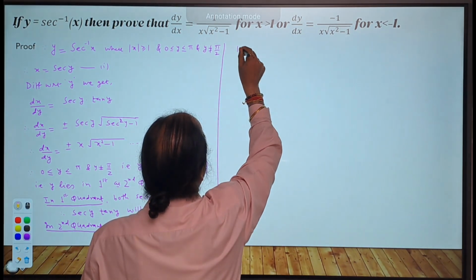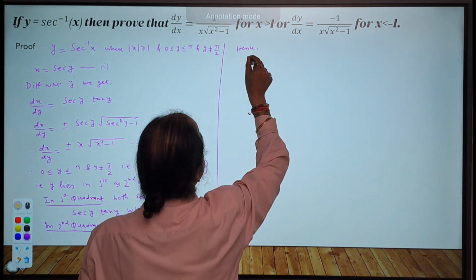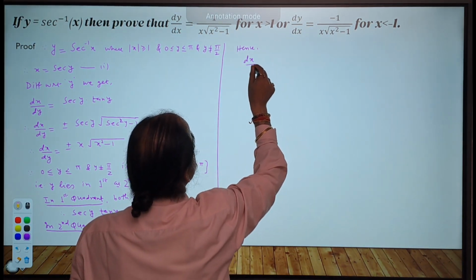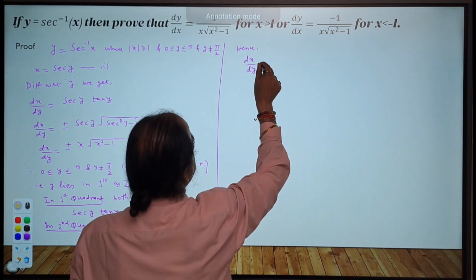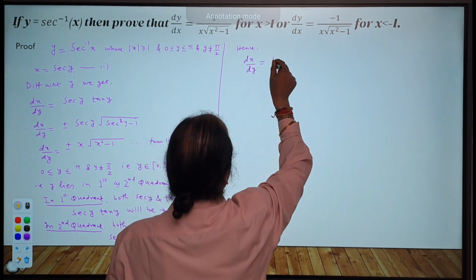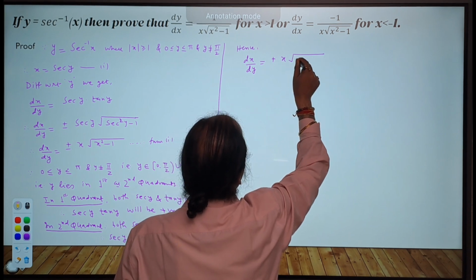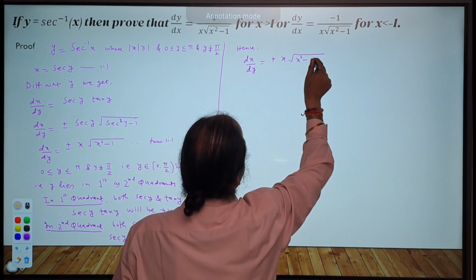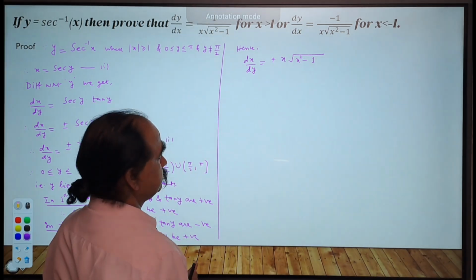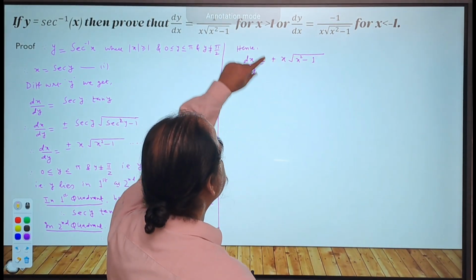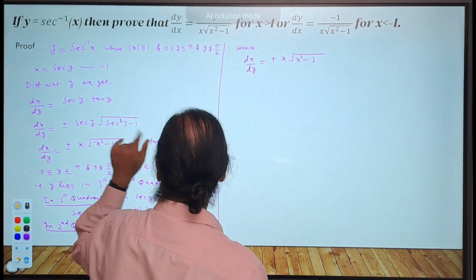Hence, dx by dy is positive x root x square minus 1. Here modulus x is greater than 1.